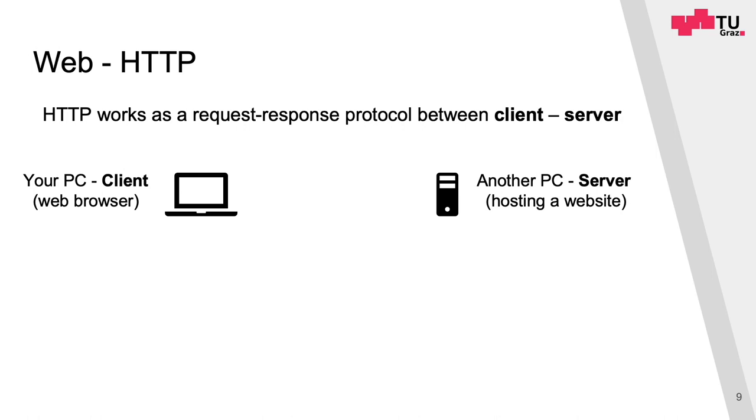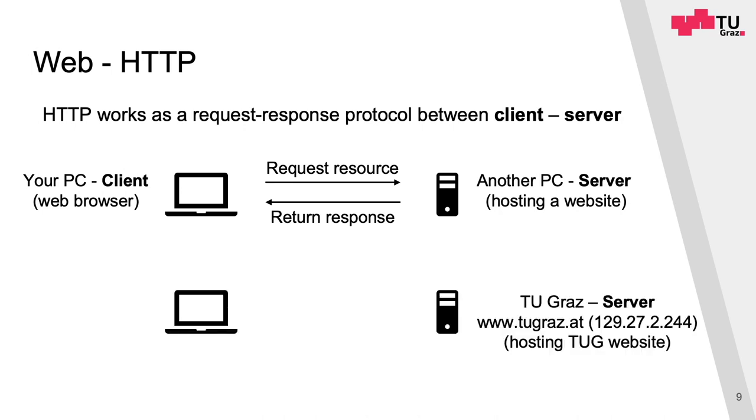So it's another PC, a server, which is hosting a website. And then your client, your web browser, is requesting a resource. It's a request, and it sends this request to the server, and then the server returns a response to the client. In this case, a response to the web browser. So it is a request-response protocol.